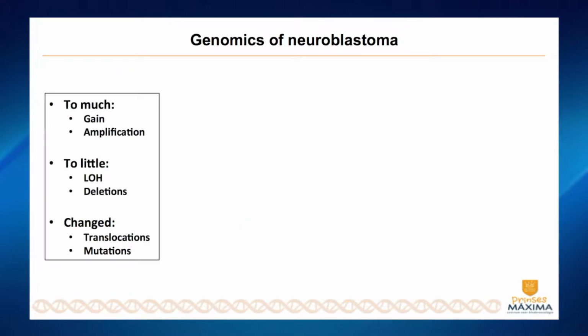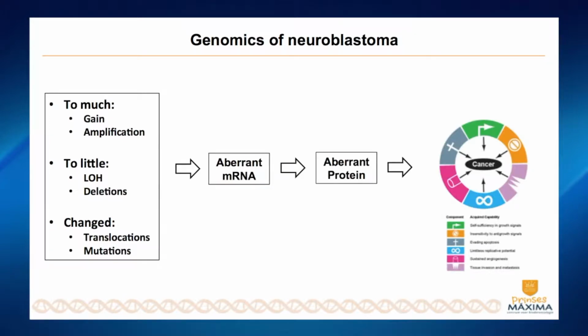You can have too much of some parts, so there can be gains or amplifications. You can have too little, so larger regions, loss of heterozygosity or whole chromosomes, or smaller deletions affecting only a few genes. And you can have changes, translocations, and mutations. These changes lead to aberrant messenger RNA expression, changed, aberrant protein, and then finally functional pathways that deregulate. Then you have a full-blown cancer cell.